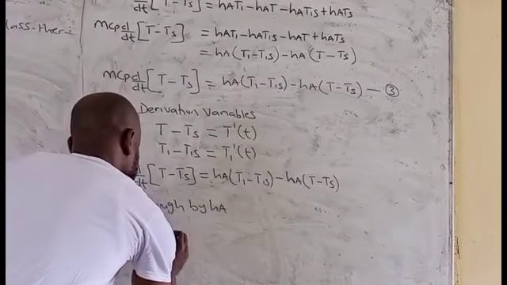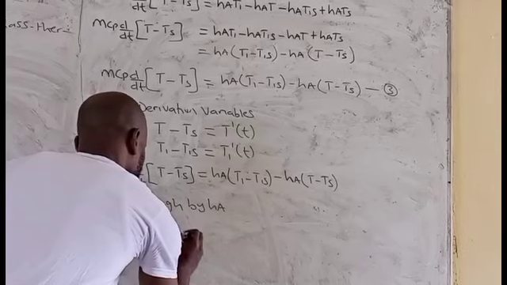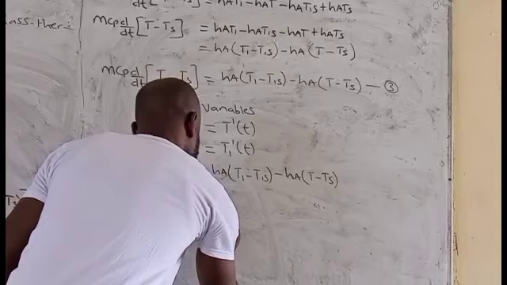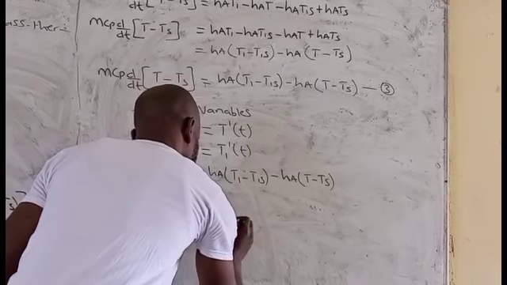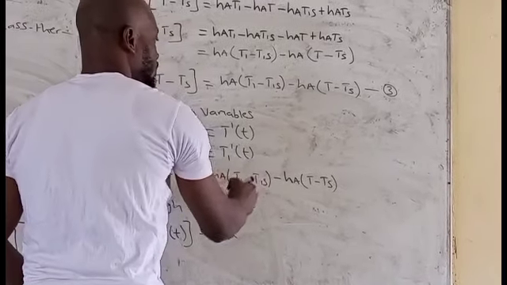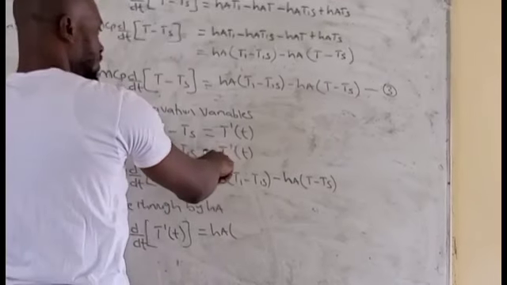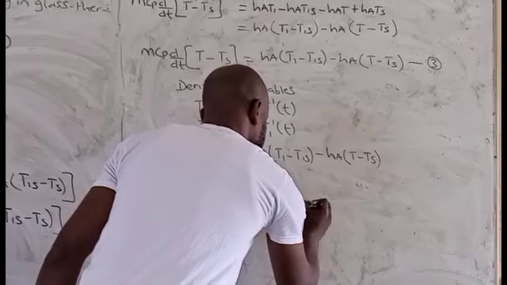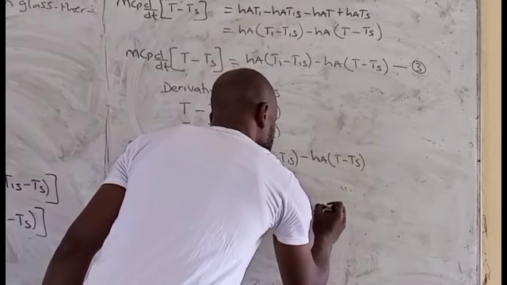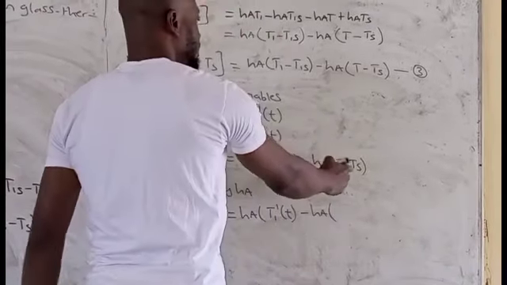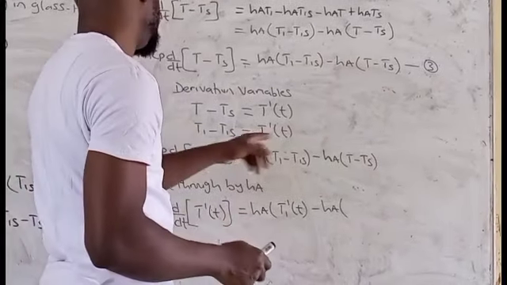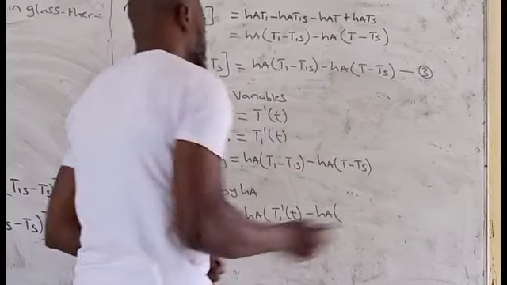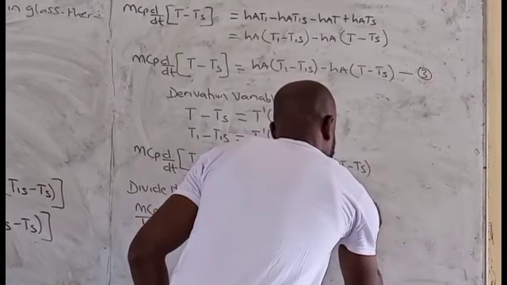So multiply by T prime of t. Then is equal to Ha into T1 minus T1s will give you T1 prime of t. Then minus Ha into T minus Ts will give you T prime of t.